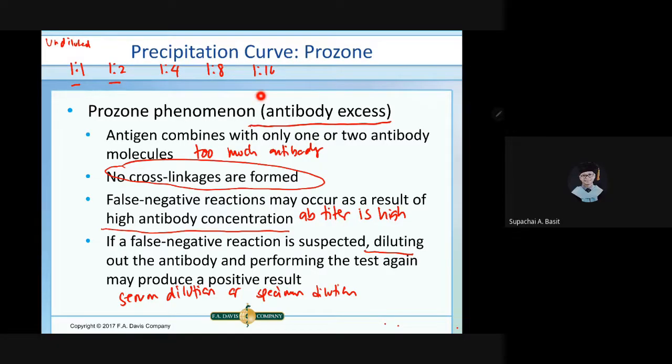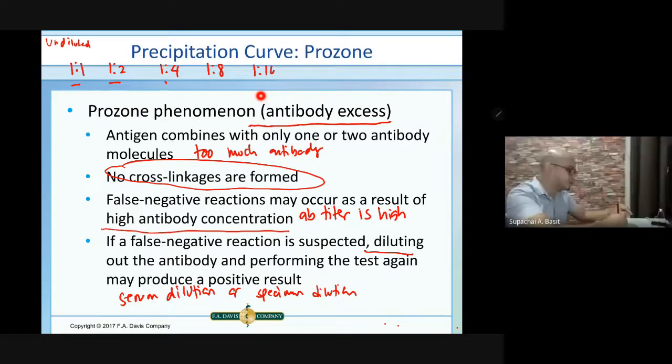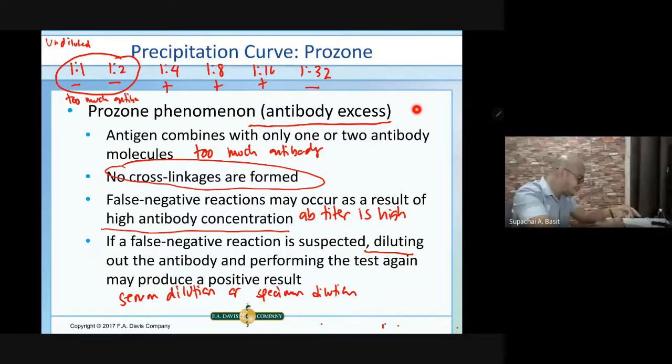Even 1:2 is still negative. But when you start diluting it, it becomes positive, until such time that 1:32 is negative again. Meaning to say, the first two dilutions are a zone of too much antibody. That's why it's negative.